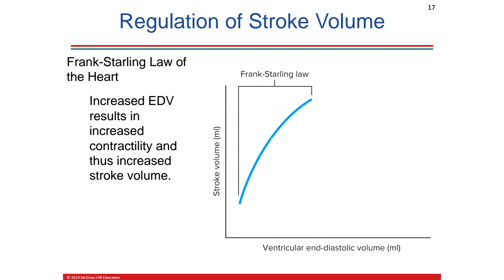Otto Frank and Ernest Starling were two different physiologists whose names have now been combined forever into the Frank-Starling law of the heart. And so what they both demonstrated was that as the ventricular end diastolic volume increases, there's an increase in stroke volume, okay?